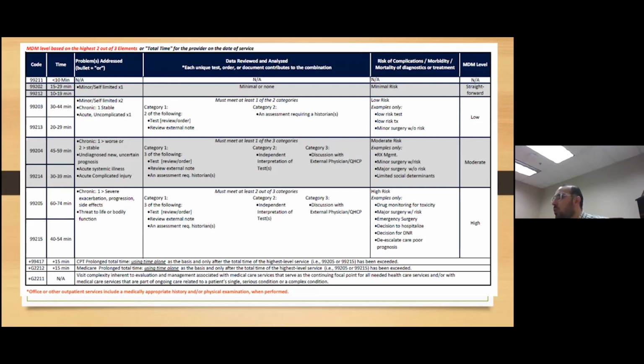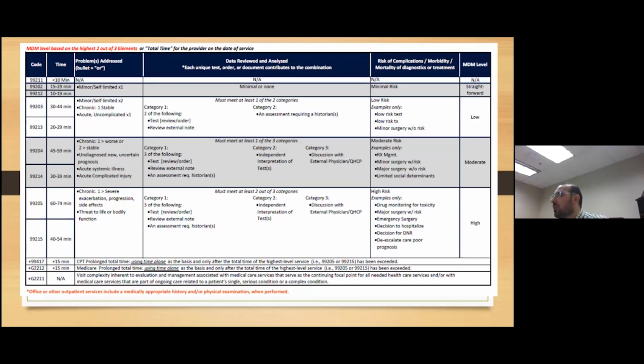Let me clarify that for a minute. If you are billing by time only, you use the 99417 for each 15 minutes above the extra limit that you have. If you have a level 5 established patient, you spend 55 minutes.